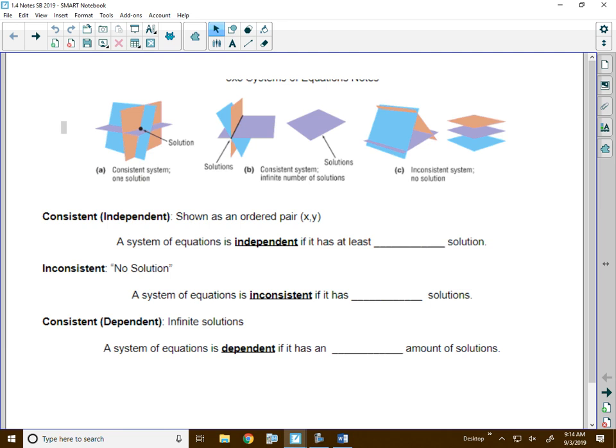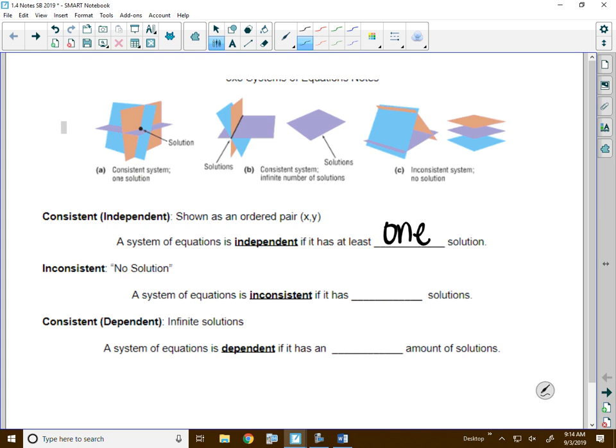The first type is independent. This is how I remember it: they have one solution. If you think of the word independent, it typically means that person can stand on their own. They don't need anybody to help them. That helps me remember it's one solution.